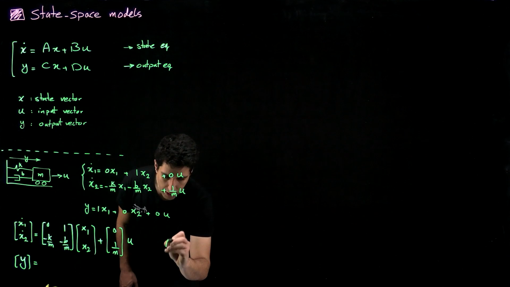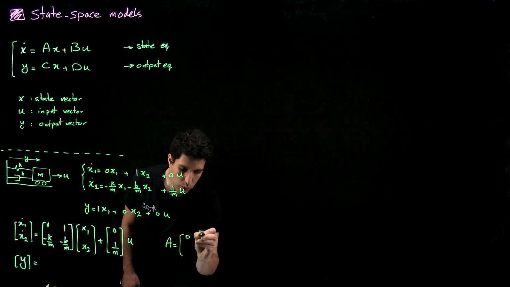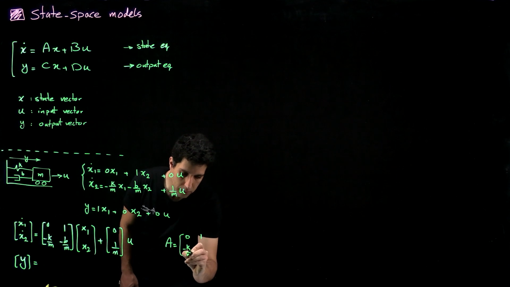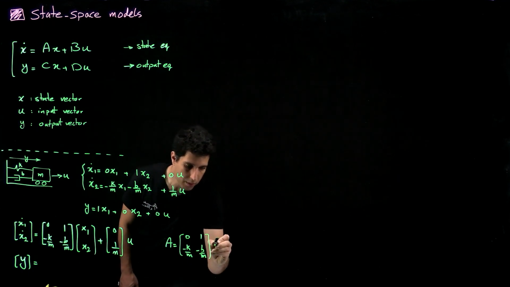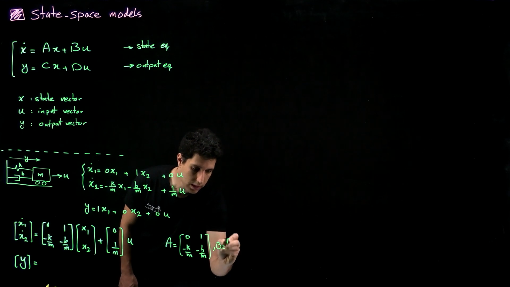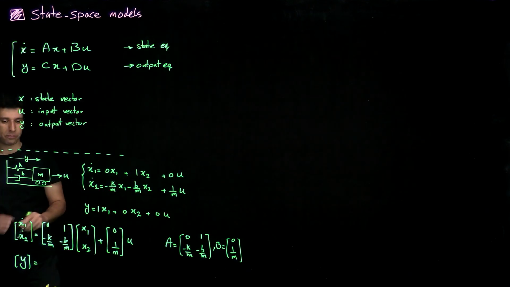And from here, my A matrix is 0, 1, minus k over m, minus b over m. My B matrix is 0, 1 over m. And let's work out the output equation as well.